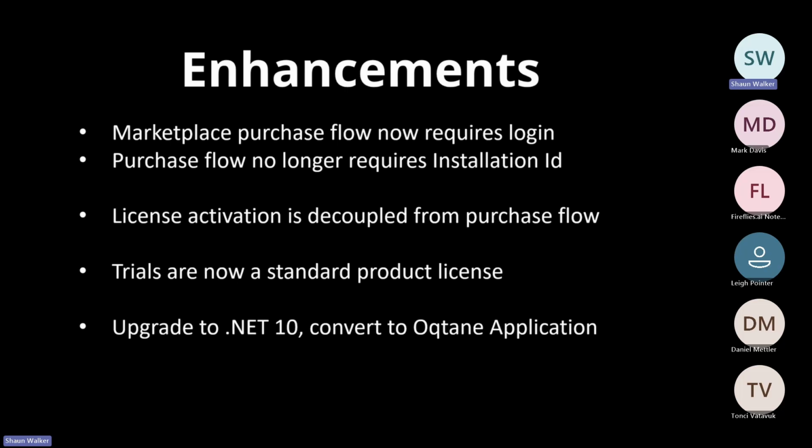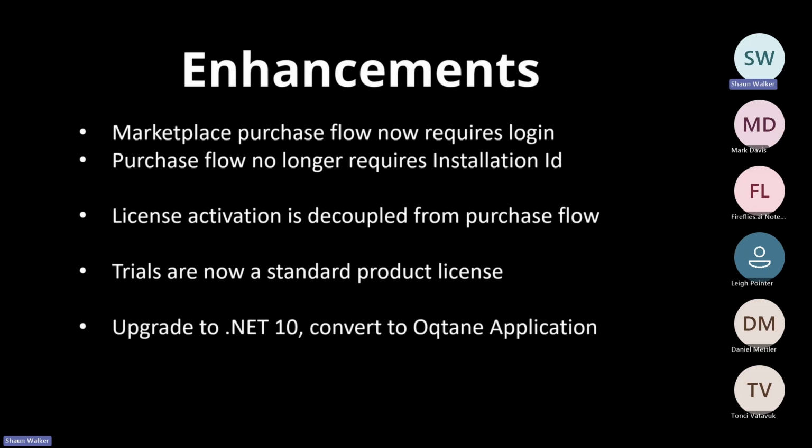A unique license key will be generated for each installation, but the number of instances is dependent upon the purchase, not on an individual installation. So that makes it easier to activate licenses across different installations that you may have. Trials are now a standard product license, so they follow the same flow internally within the marketplace as any other type of license.